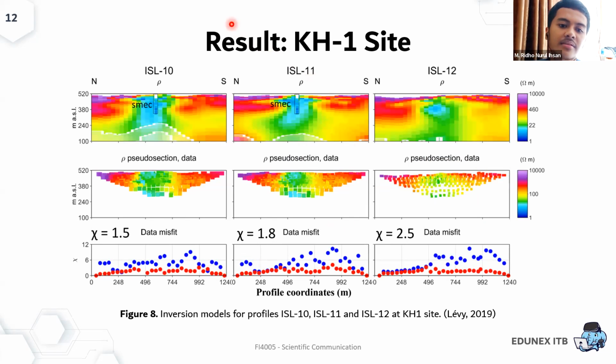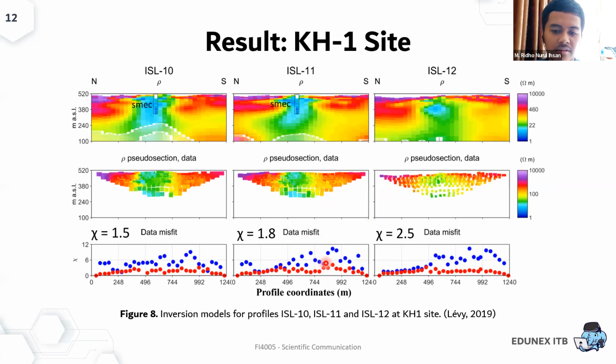Next is the inversion result for the KH1 site. The inverted resistivity models from the profiles ISL10, ISL11, and ISL12 show a central low resistivity body from the surface to the depth of investigation, or DOI, with a resistivity in the range of 5 to 10 ohm meters over the whole body.